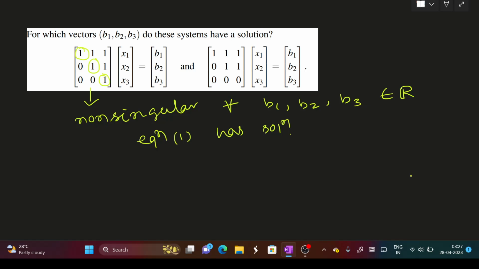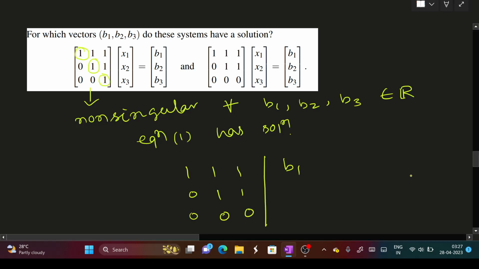Next question is for the second matrix. It is 1, 1, 1, 0, 1, 1, 0, 0, 0. Augmented part is b1, b2, b3.